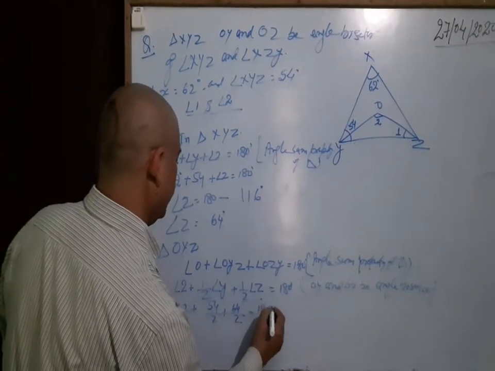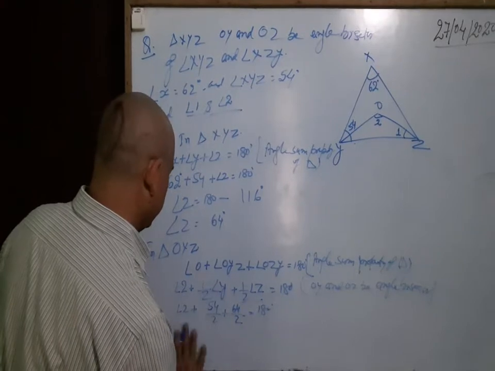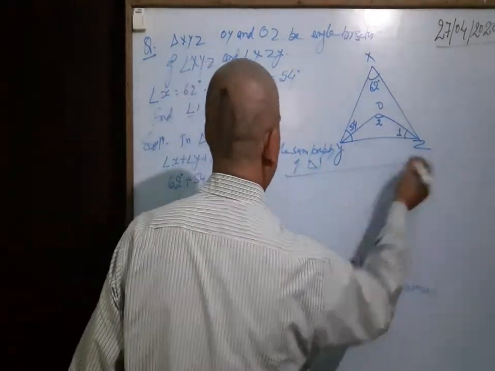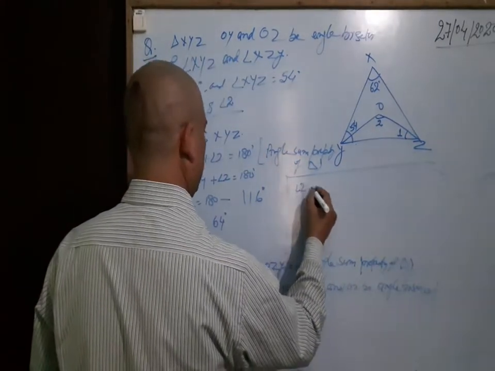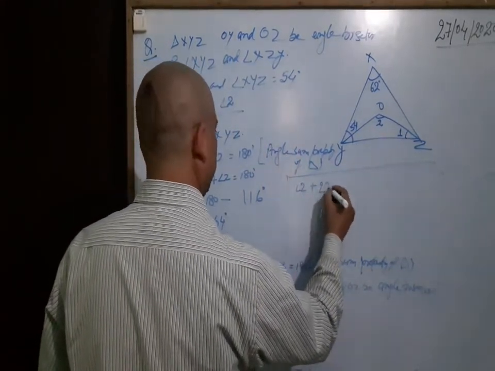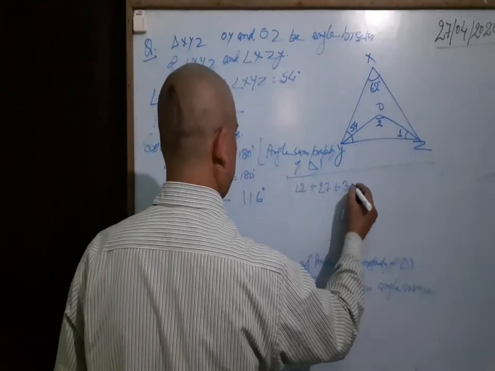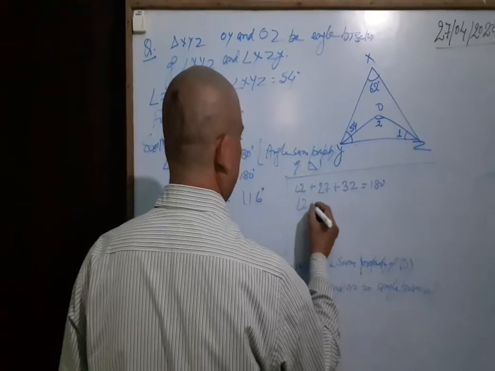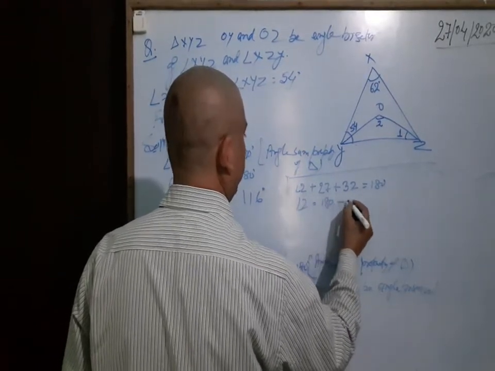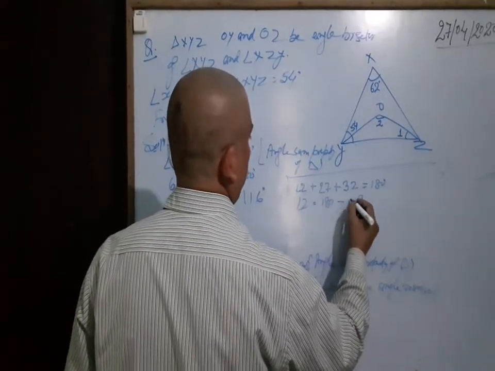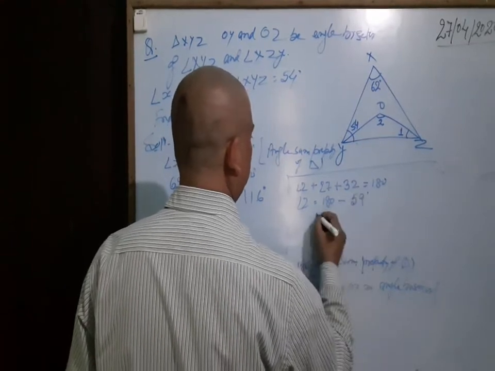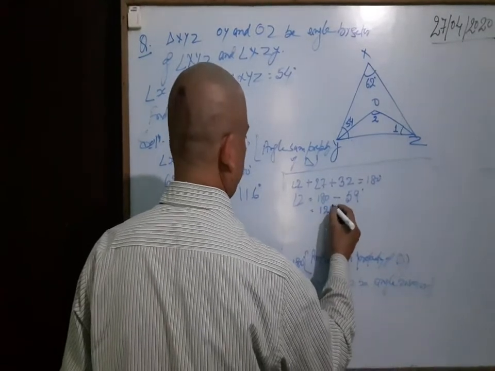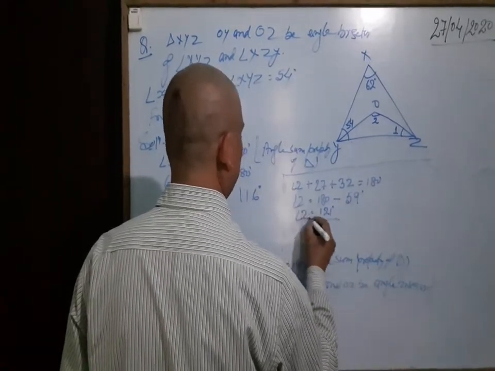So angle 2 equals 180 degrees minus 27 plus 32, which is 59 degrees. So angle 2 is equal to 120.